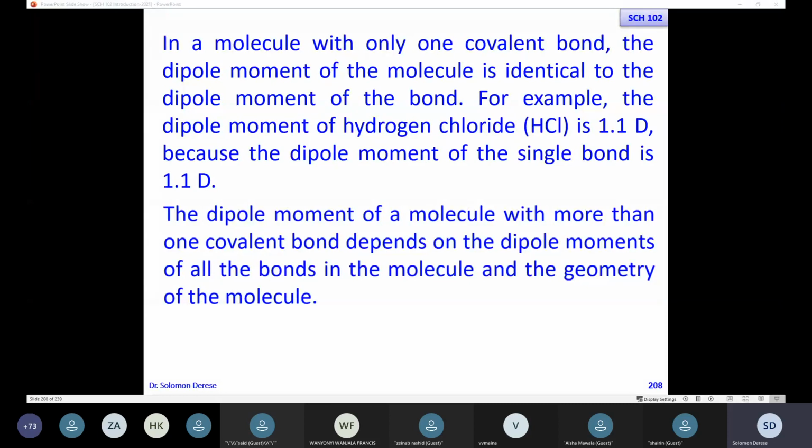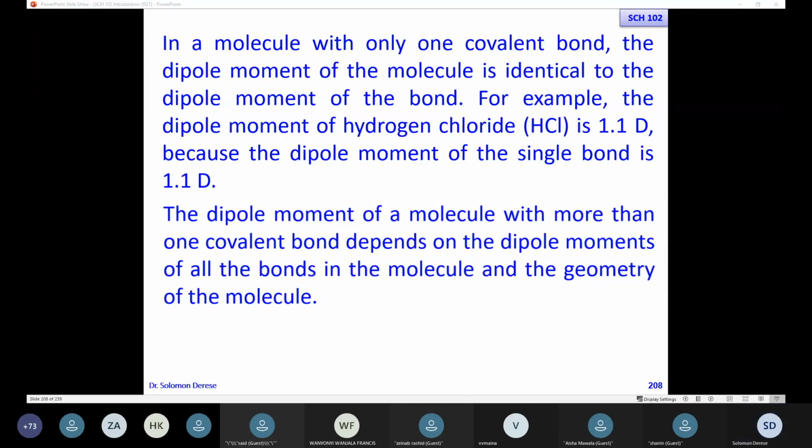Scalar quantities don't depend on the direction, just magnitude. 2 kilos of sugar plus 3 kilos of sugar is 5 kg of sugar, but 2 newtons of force and 2 newtons of force might be 4, might be 0, might even be another value. It depends on the direction, okay? So now, dipole moment is a vector quantity.